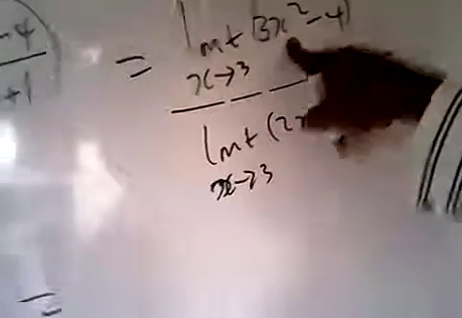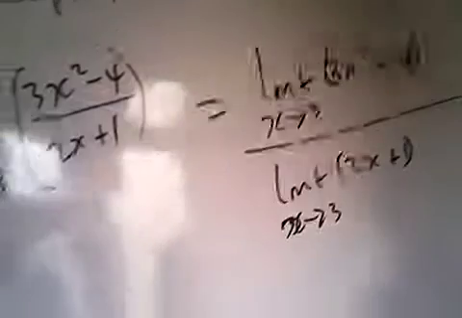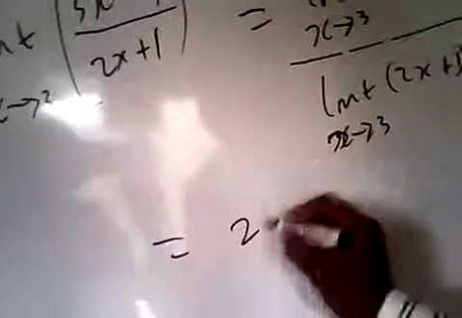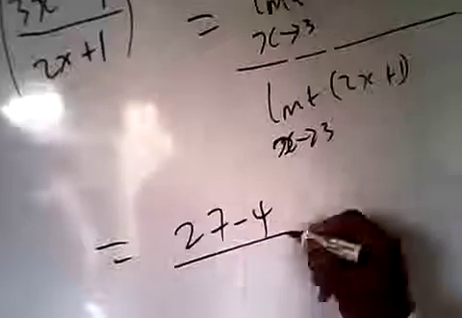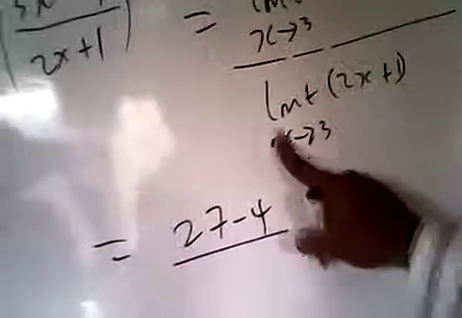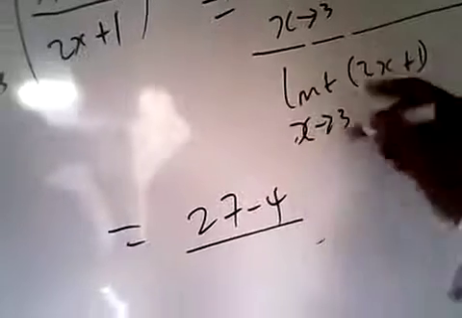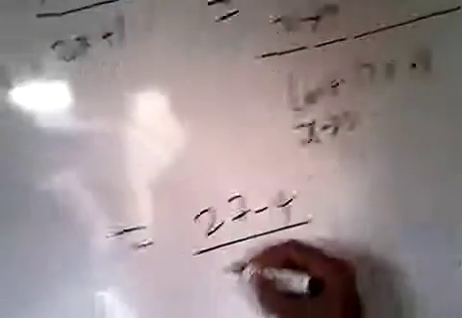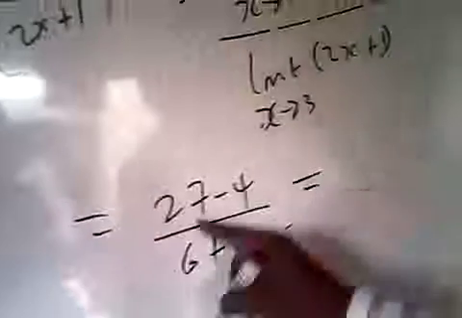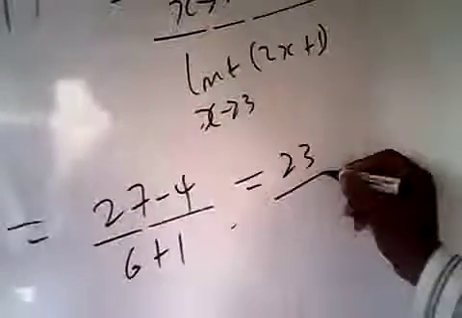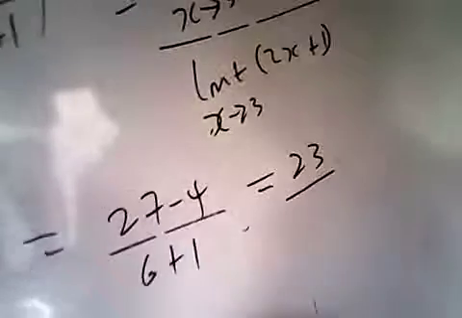Now, what do we get there? As x tends to 3, x squared becomes 9, that's 3 times 3. 9 times 3 is 27. So we have 27 minus 4 all over the limit of 2x plus 1 as x tends to 3, which becomes 2 times 3 is 6, plus 1, that's 7. 27 minus 4 is 23, all over 7.